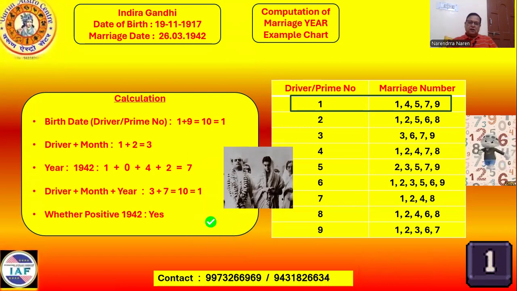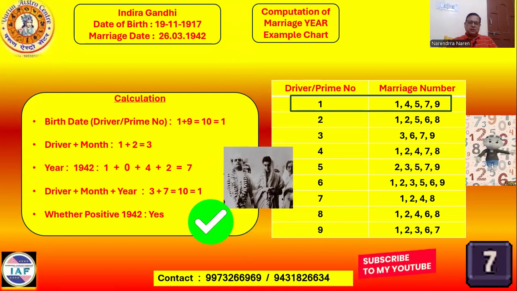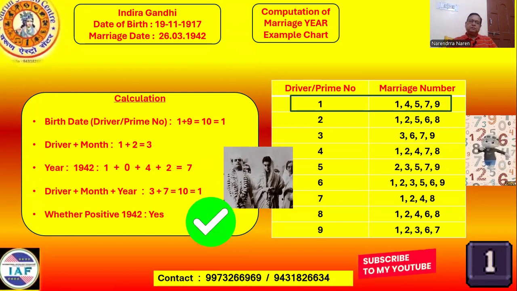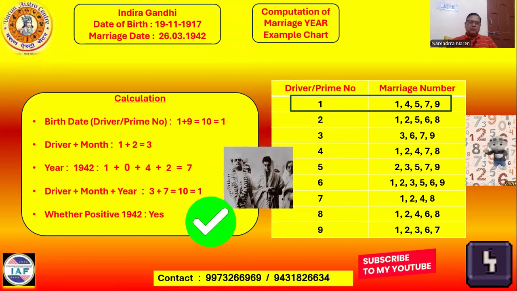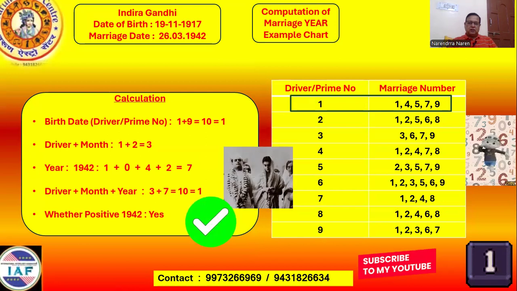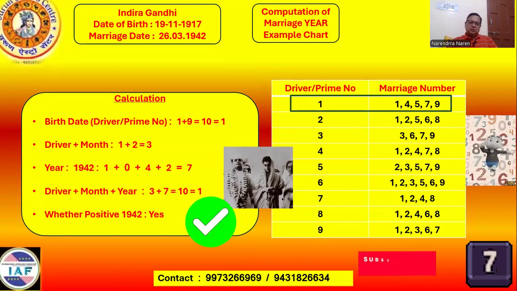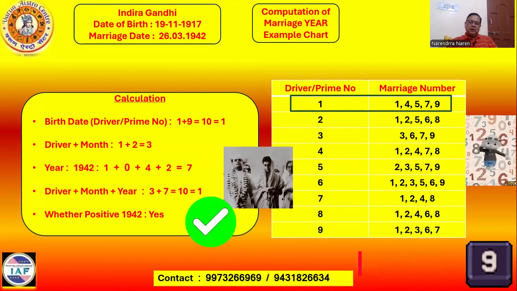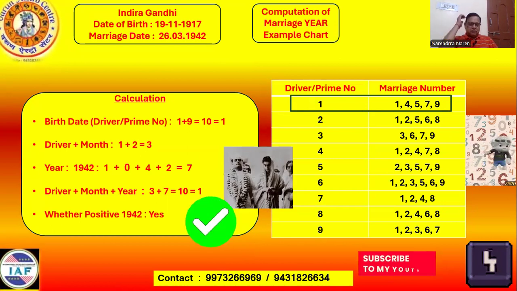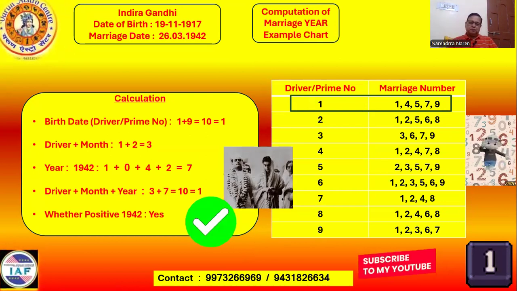Let us see. When we add the digits of the birth date, it is 1 plus 9 is equal to 10, which is 1. And when the driver and month are added together, we had got 1 from the birth date, and 11 when added together for the month gives 2. So driver plus month is equal to 3.